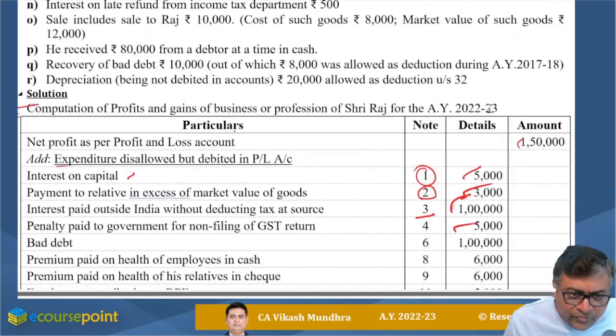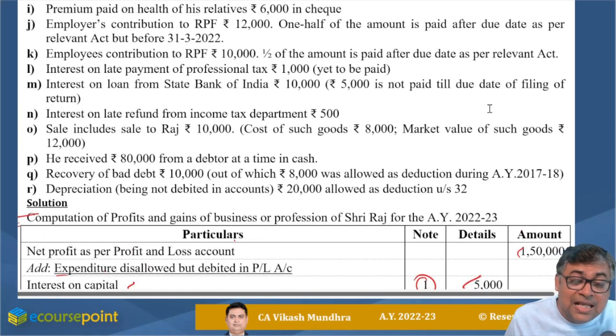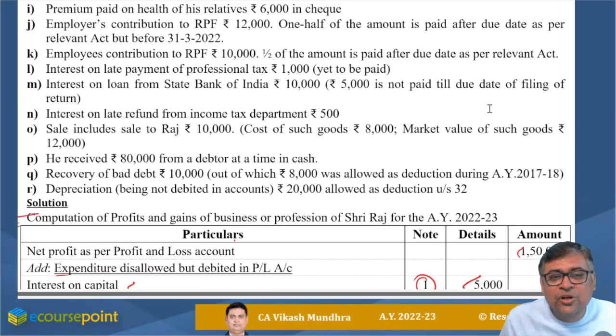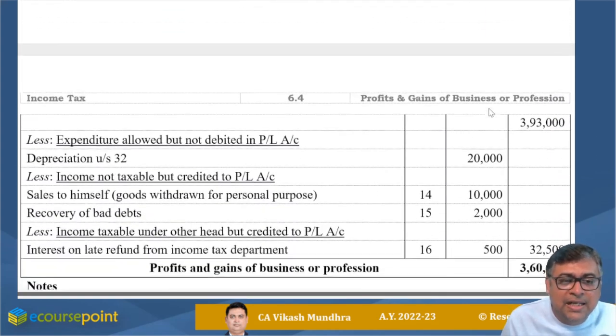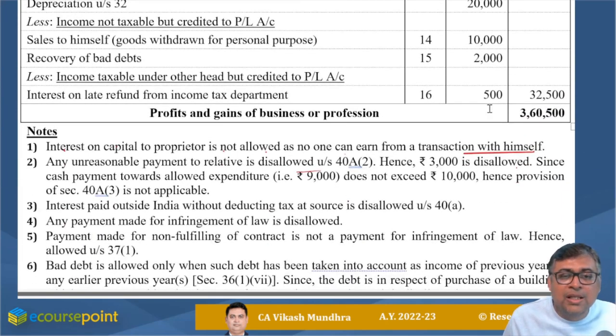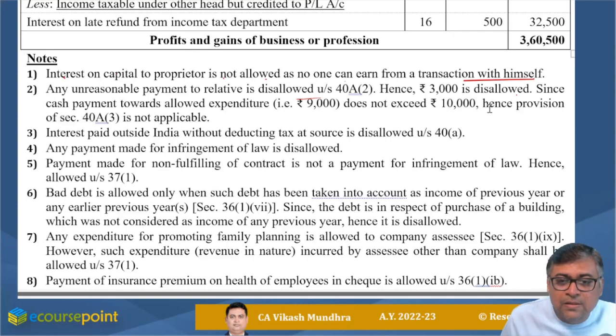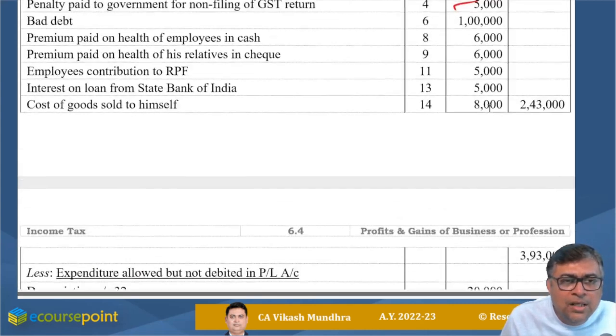However, if you consider this as a business loss, as a section 28 loss, it should be allowed. Okay, not as a bad debt, but it should be considered as a business loss. If you think this should not be allowed, add it back in the given illustration.